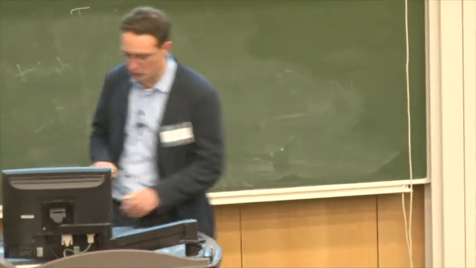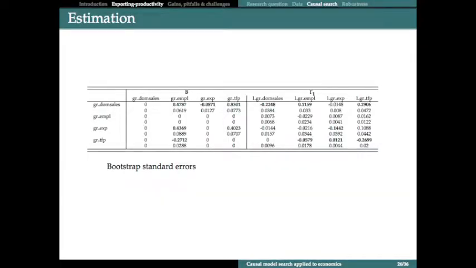But it's interesting to look at the size of these numbers. This is the size of the effect of total factor productivity on export within the period, and this is the standard deviation of this impact. And this is the coefficient which expresses the lagged effect of export on total factor productivity.